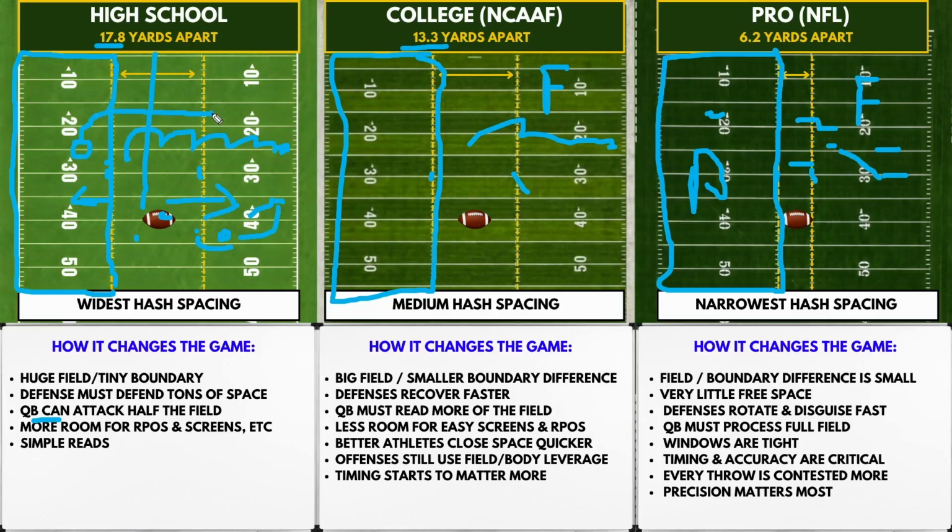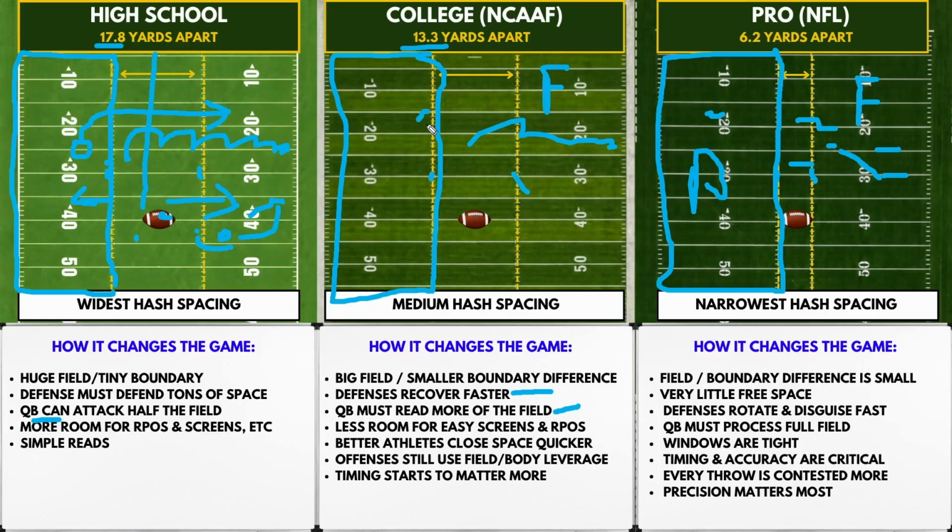So there's not a whole lot of mental processing with the high school game with quarterbacks because they don't have to be able to read the field. In college, they're expected to do more because there's less of an advantage between the boundary and the field. College quarterbacks will need to be able to read more of the field compared to high school.